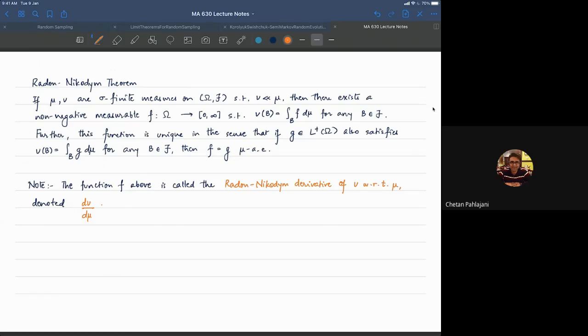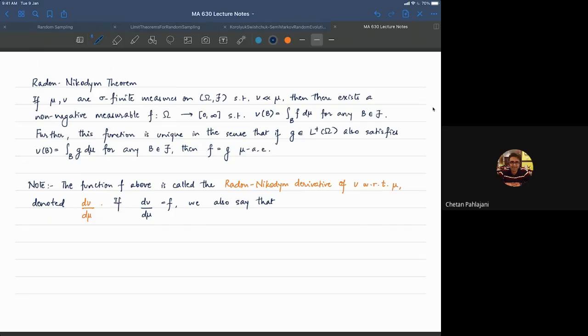All right. Another bit of terminology. If d nu d mu equals f, we also say, okay, what I'm writing in this sentence is nothing new. I'm just introducing some terminology. I'm saying that if d nu d mu equals f, one way to say that is f is the Radon-Nikodym derivative of nu with respect to mu. Another equivalent wording of that same fact is the following.